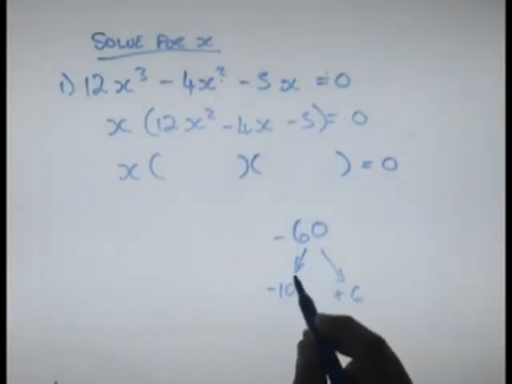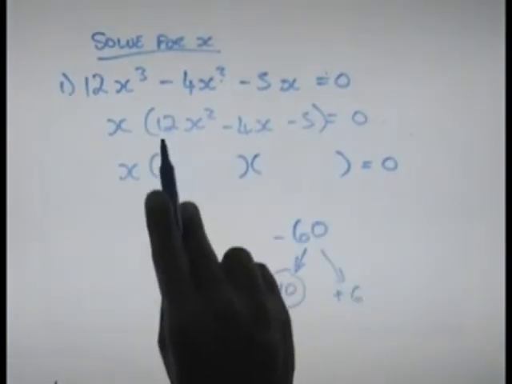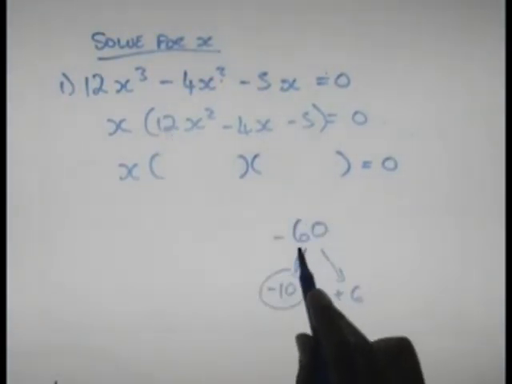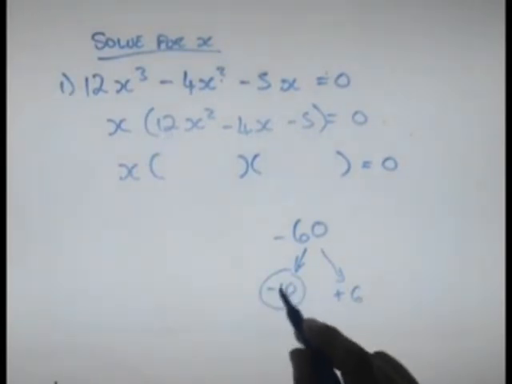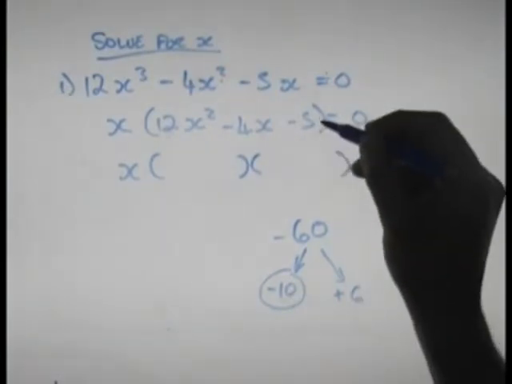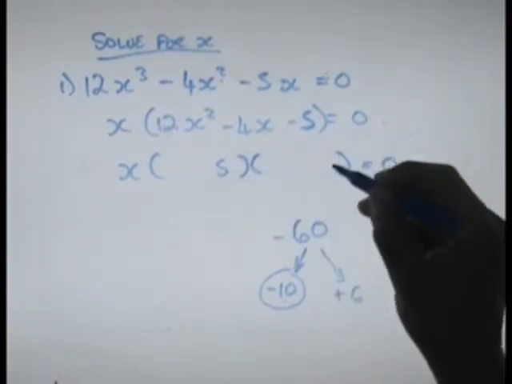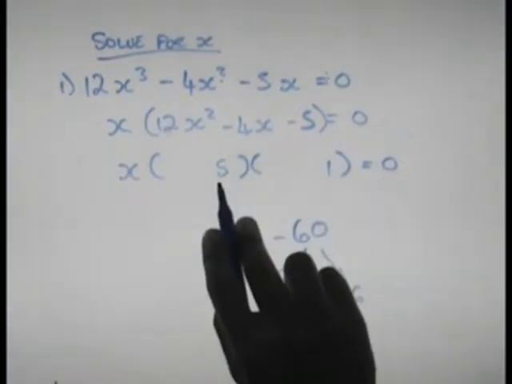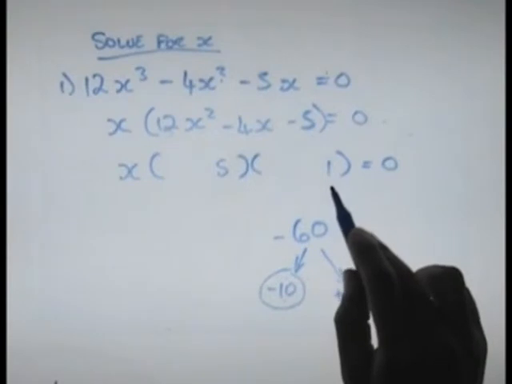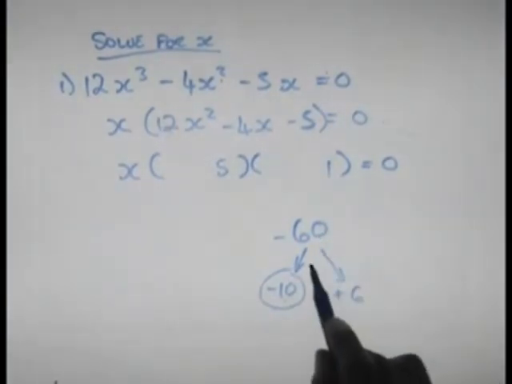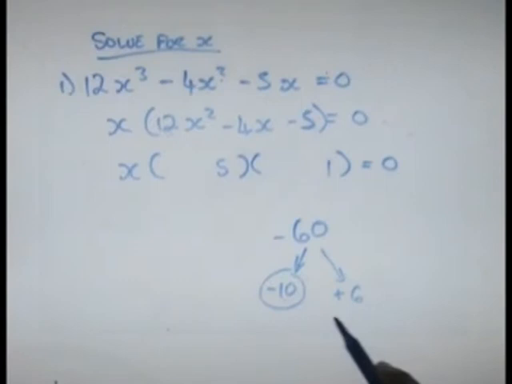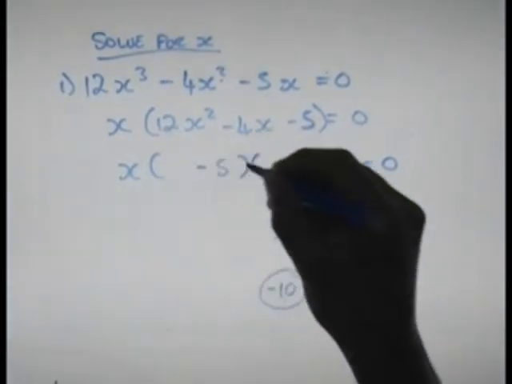So remember I got to 60 by multiplying the 12 and the negative 5. I need to get to negative 10 somewhere along the line. If I break it up, I know that 5 cannot be broken up because it's a prime number. So one side is going to be a 5, the other bracket is going to be a 1. 5 cannot be multiplied by anything to give me positive 6, but it can be multiplied to give me negative 10.